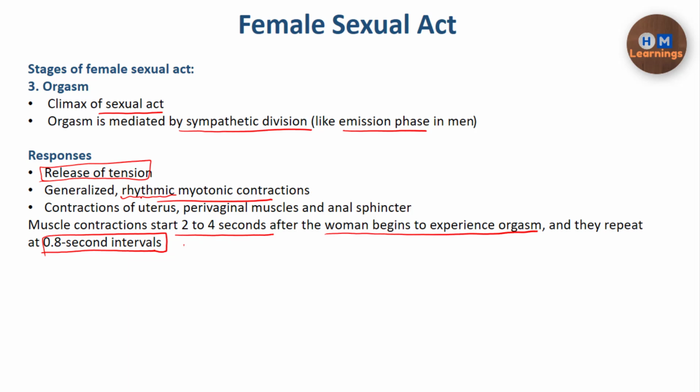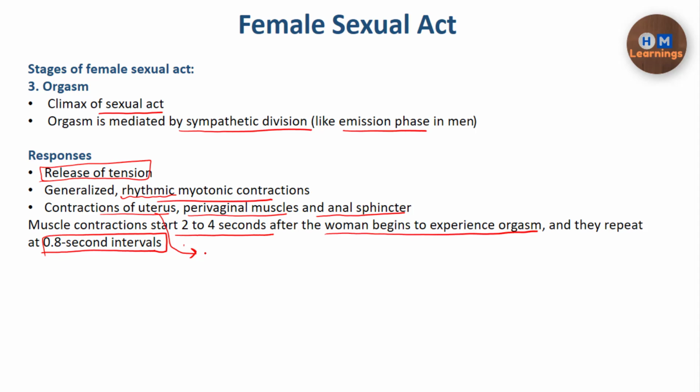So there are generalized rhythmic myotonic contractions throughout the body. There is contraction of the perivaginal muscles, similar to what happens in the male also, and the anal sphincter is also going to be contracted. The uterus is also going to be contracted. If you remember, we talked in a video on translocation of sperm about how the contraction of the uterus helps in sperm translocation from the vagina to the fallopian tube.